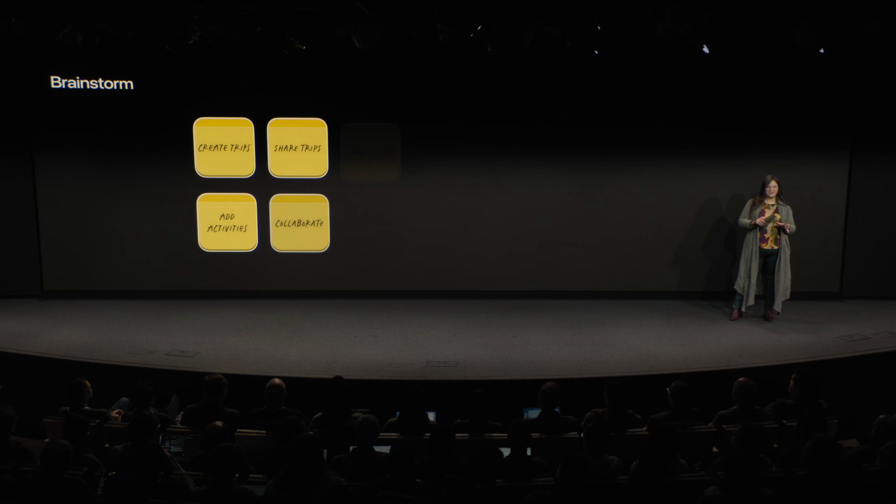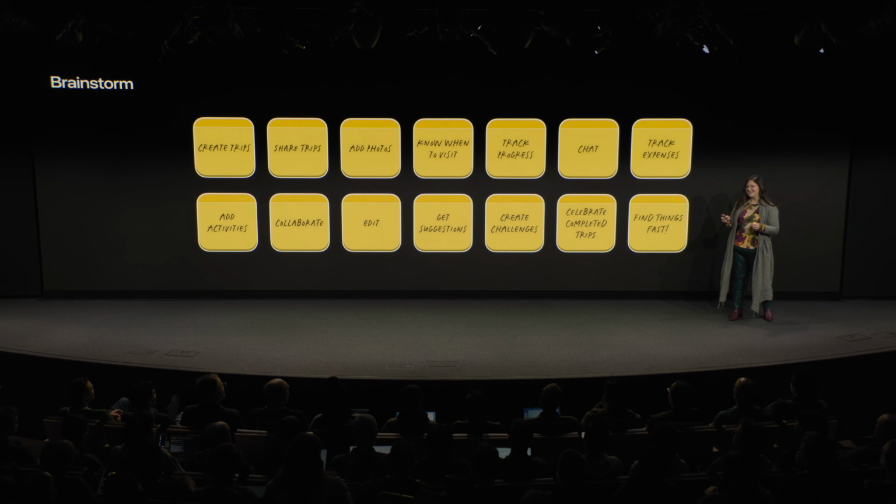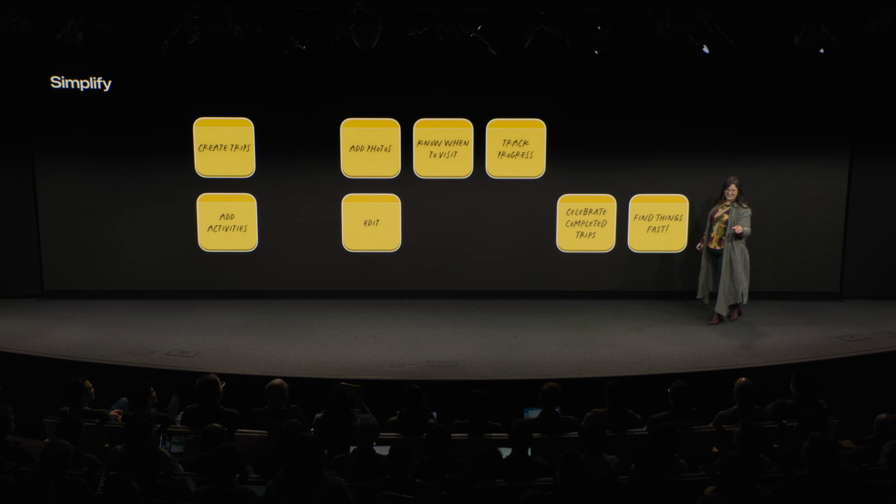I started by brainstorming and listing out everything my team and I wanted the app to have and do. We wanted to celebrate goals, and all ideas were welcome. We were in this brainstorming stage, the designer said, only for a minute. From there, I simplified and kept only the essentials for a travel bucket list app, like create trips, add photos, search.